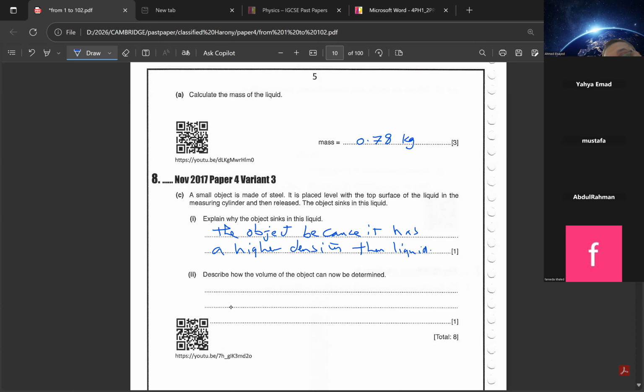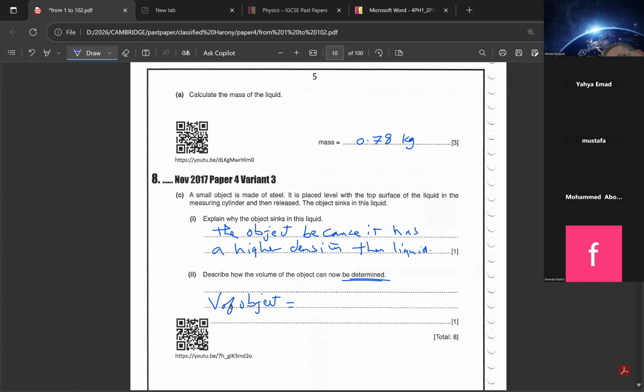Now it's your turn, Muhammad. Describe how the volume of the object can now be determined. First, you have to measure the volume of the water, and then when you place the object in, find the new volume, and then subtract V2 minus V1 to get the volume of the ball.